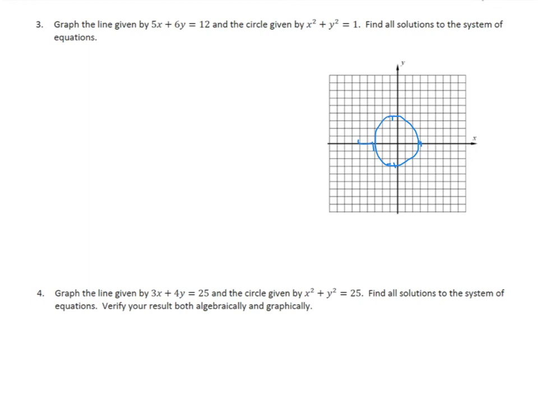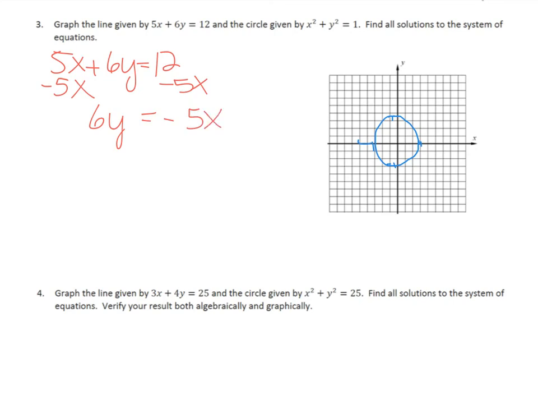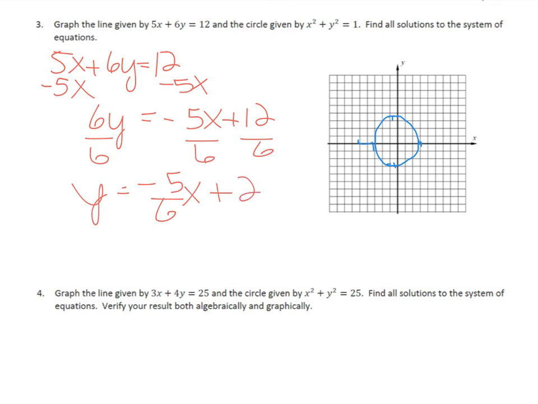And our line, if we solve for it here, we get 5x plus 6y is equal to 12, minus the 5x. And you get 6y is equal to minus 5x plus 12. Just dividing by 6, we get y is equal to negative 5 over 6 x plus 2.